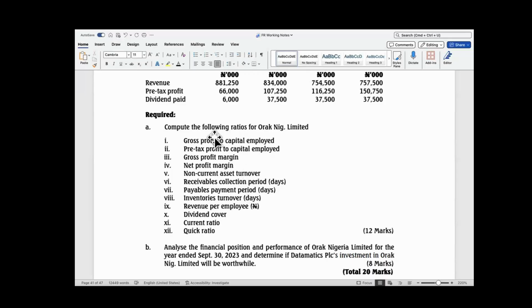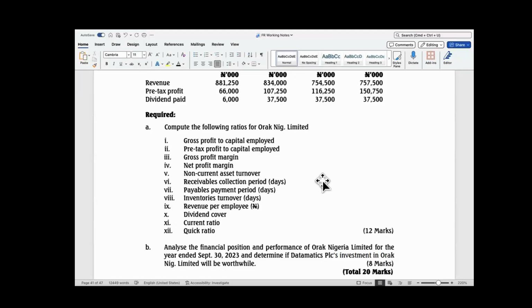So all of those from ratio 1 to ratio 10 speak to the performance of this company. While current ratio and quick ratio, that has to do with liquidity, those two will speak to the financial position of Oracle Limited.